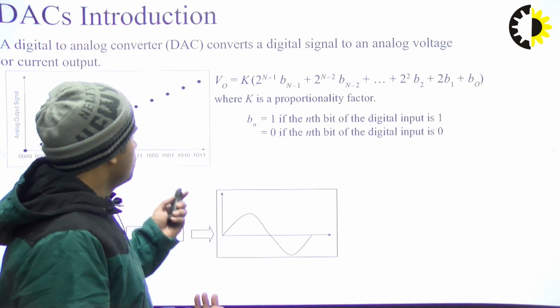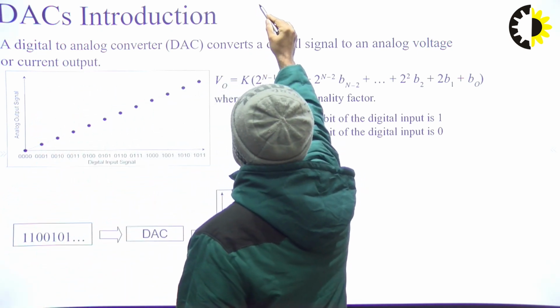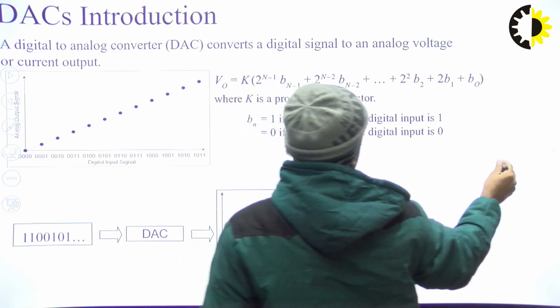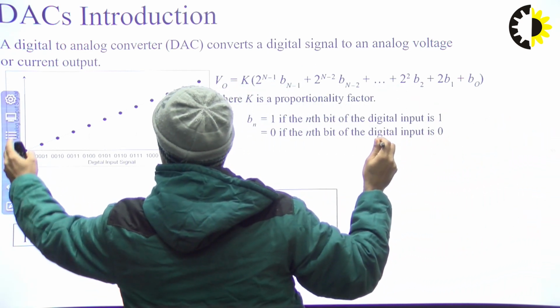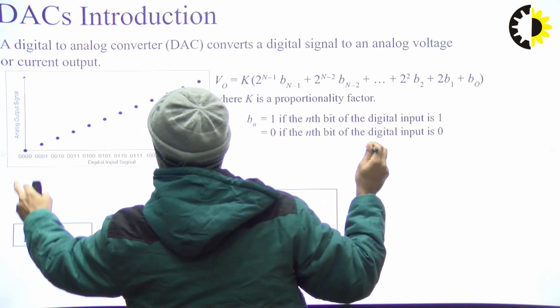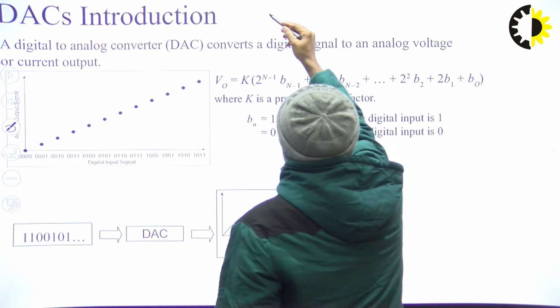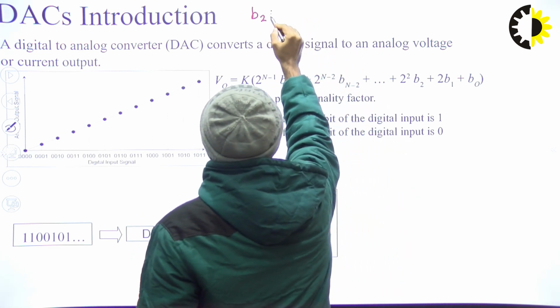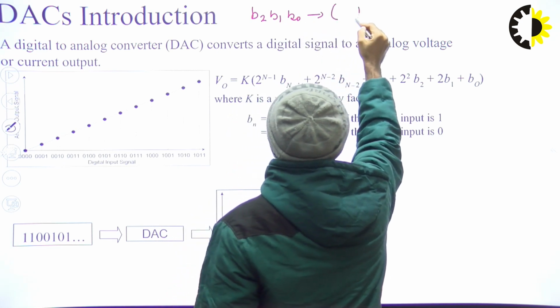If you are able to remember, if you are provided with a binary number B2, B1, B0, how is this going to be converted into decimal?